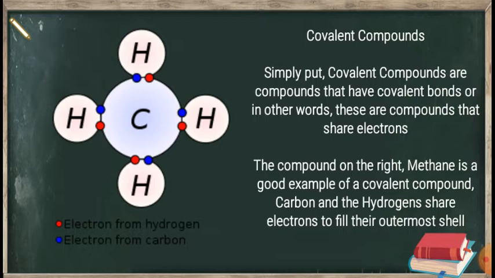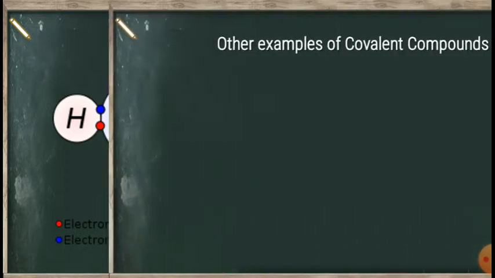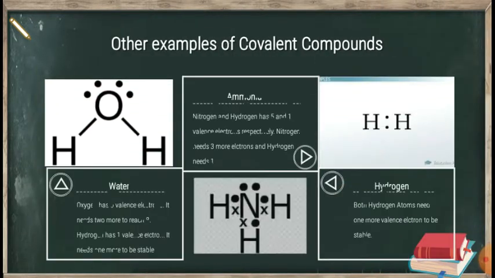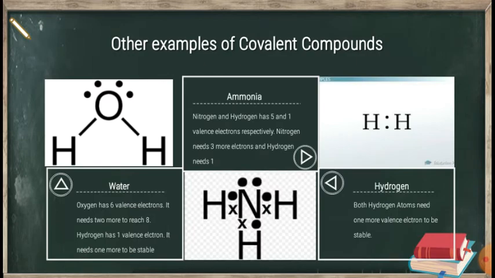Now, the carbon wants to have a full shell, so it needs four more electrons to fill the 8 electrons. Okay, and hydrogen needs one more to get two to be stable, so they share their electrons.